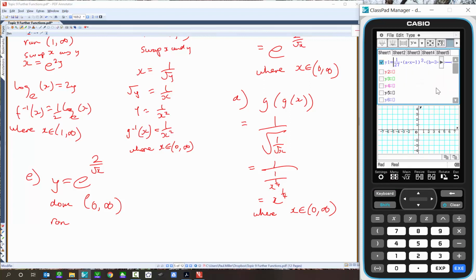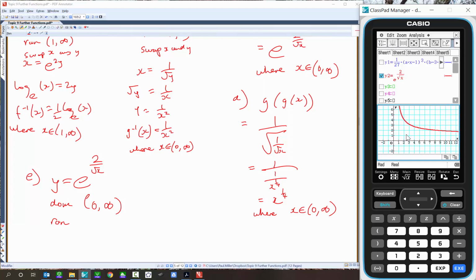I want to go to graph and table, and I'm going to go shift 4, and I think it's going to be positive infinity. Range positive infinity to, all right, no, I'm not going to guess, 2 over shift root x. All right, the moment of truth. Let's have a look at this thing. Yeah, I thought it might be a bit like that.